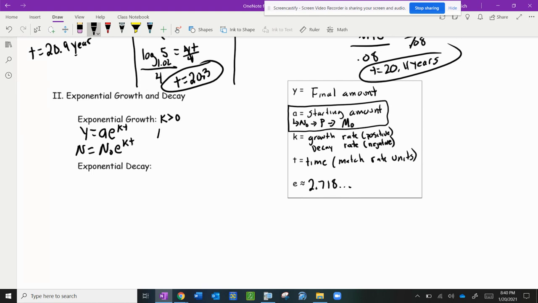Very similar to the PERT that we just did, where rate would be your constant or growth rate. And we also had the one where it's like 1 plus the rate to the t. Okay, exponential decay, you can have y is equal to a e to the negative kt.